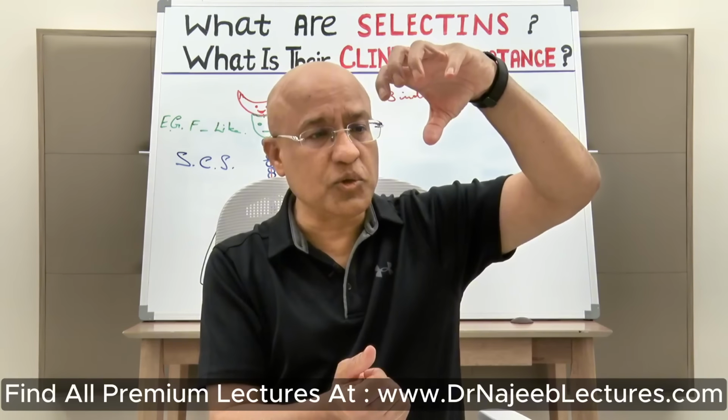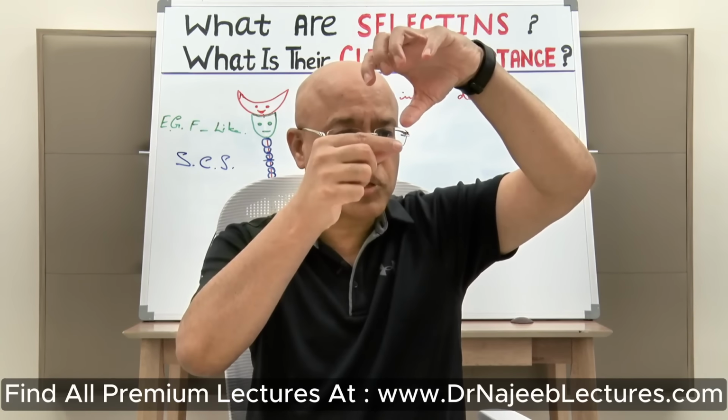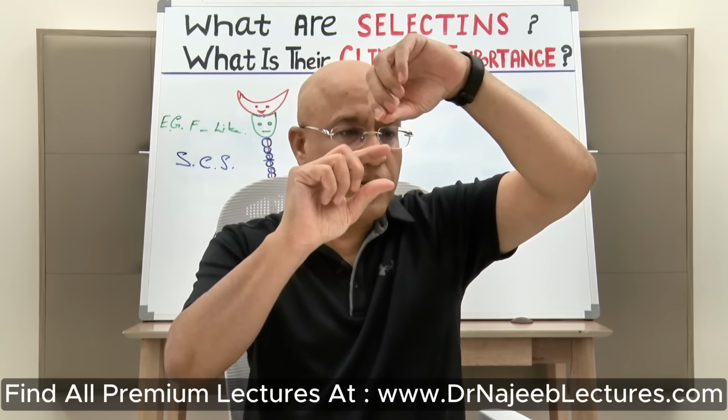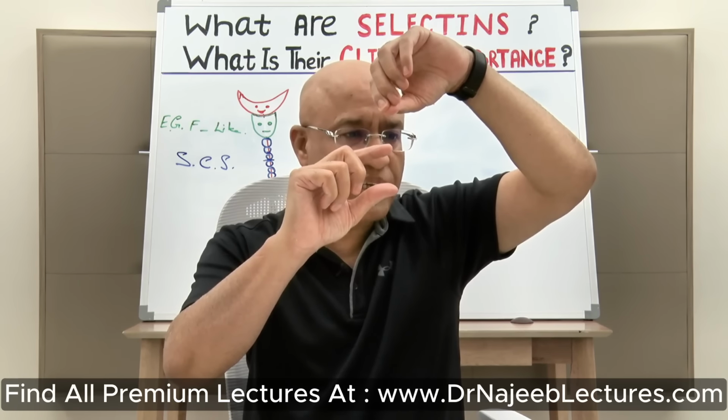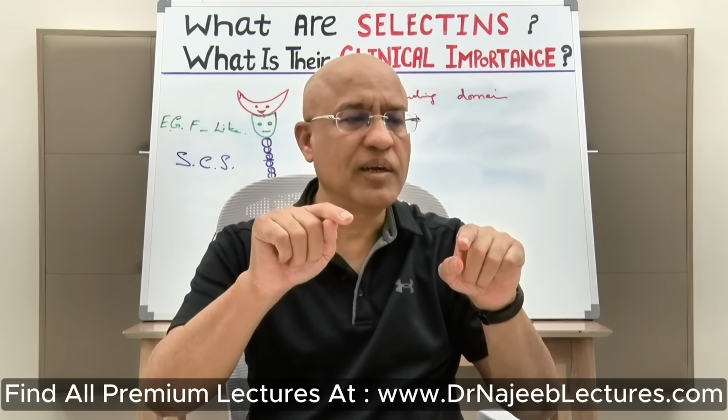So what is this? This is neutrophil. It is expressing glycoprotein. Glycoprotein at its tip has a short oligosaccharide, right, or tetrasaccharide, and this tetrasaccharide has two special important units. One is fucose and the other is what? Sialic acid.